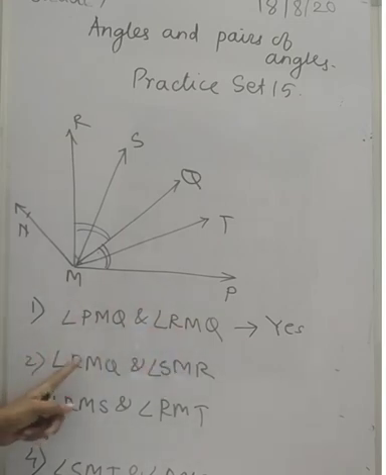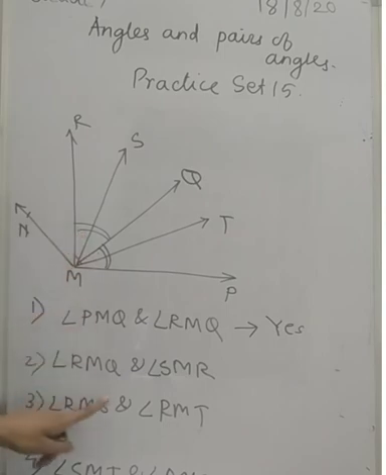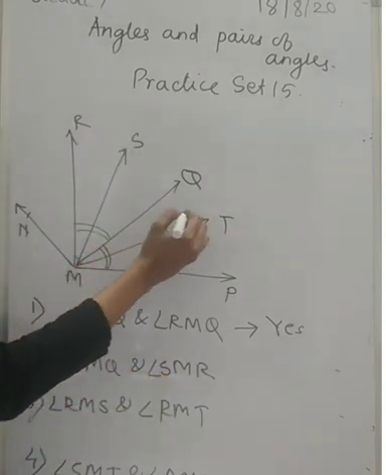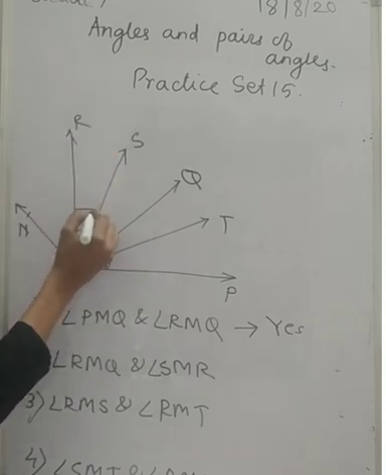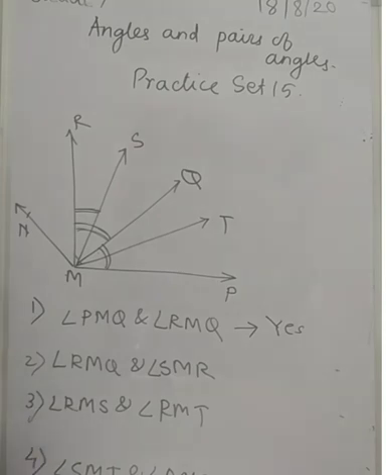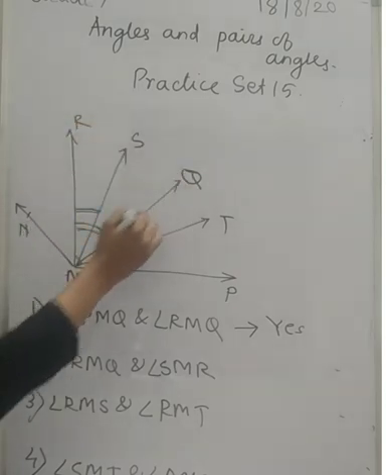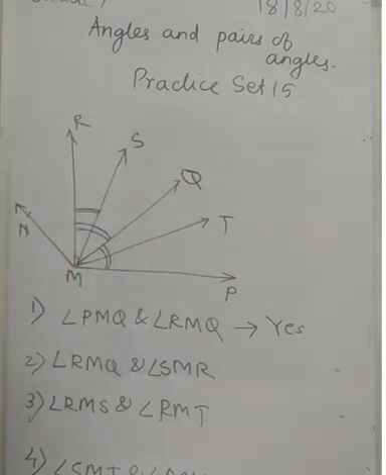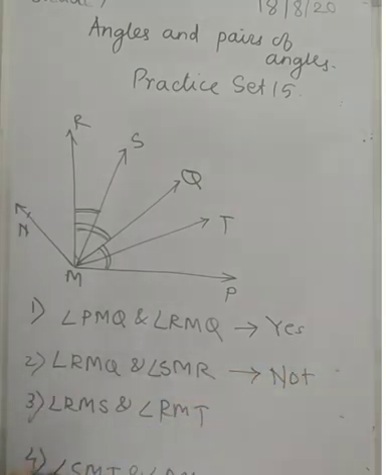Second pair, RMQ, that means this, and SMR, that means only this and this. See, they have common side, common vertex, but they do not have separate interiors. This interior is a part of this interior. So these are not adjacent angles.